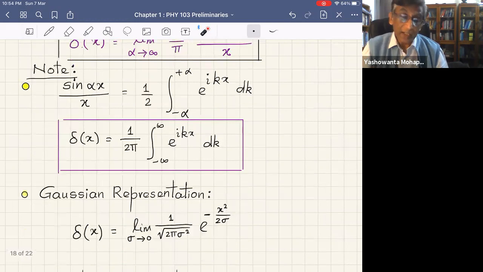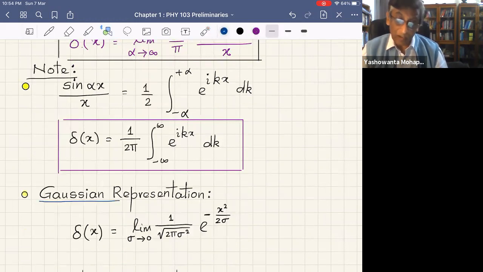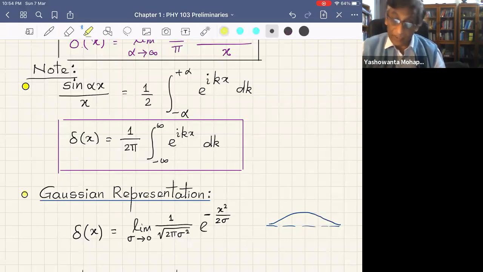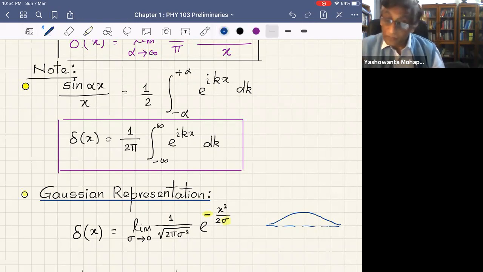It can also be considered as a Gaussian representation. What is Gaussian? It's like a normal curve that you must have seen, right? A function like e to the power minus x square over sigma, remember there's a minus here. This sigma controls the width.